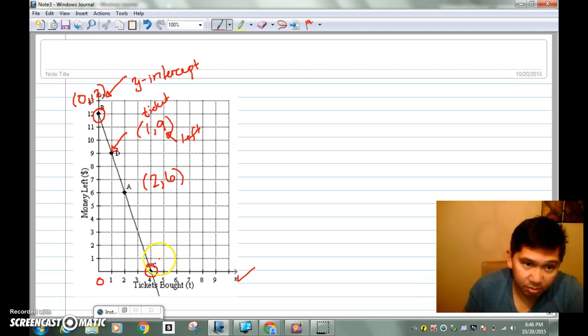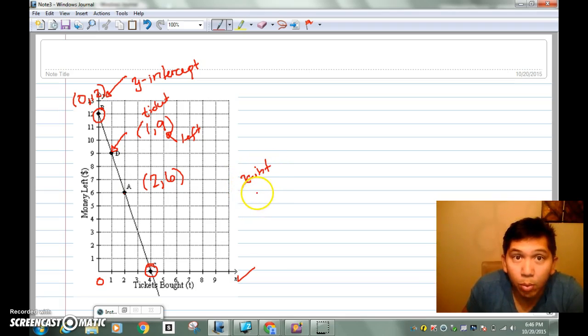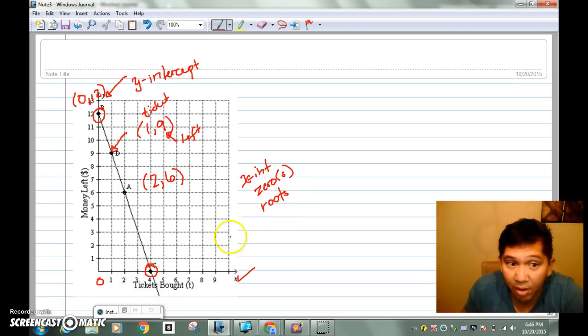Now, let's go back to this x-intercept. What does this mean? Before we can interpret what it means, let's talk about the different names of x-intercept. There are a couple of different names for x-intercepts. Number 1, another name for it is referred to as zero or zeros, depending on how many times it hits the x-axis. Another one would be your roots. The reason why it's roots is because it's coming up from the ground.